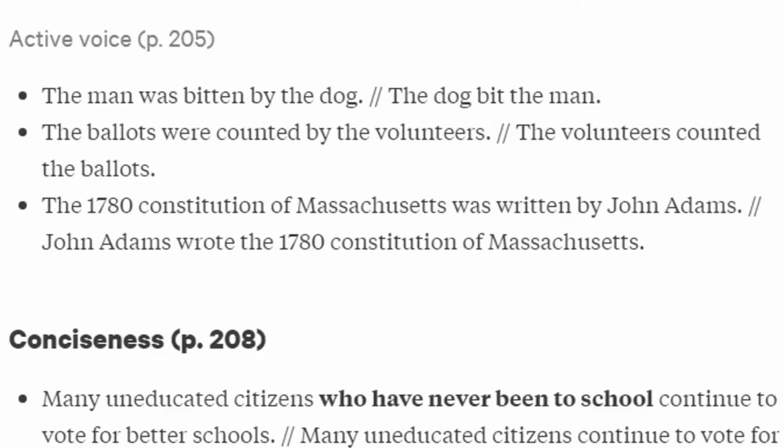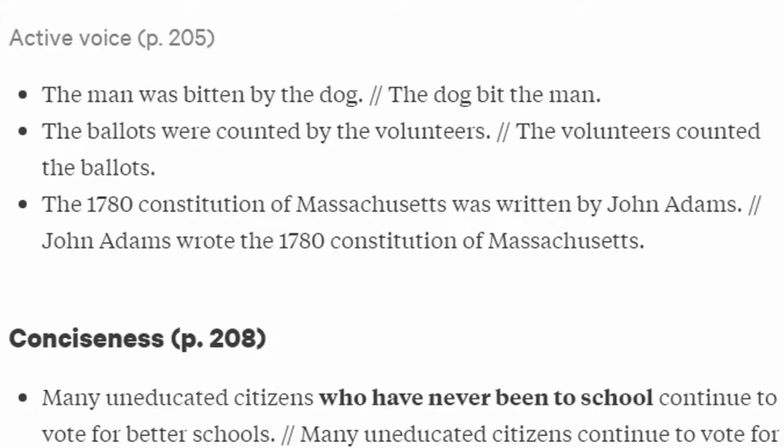Active voice. This one is more a preference, and it is the way that we write in technical documents. We do not write in an around-the-about way like you would in a novel. Active voice means tell me who is doing the acting and what the action is. The man was bitten by the dog. Who is doing the acting?